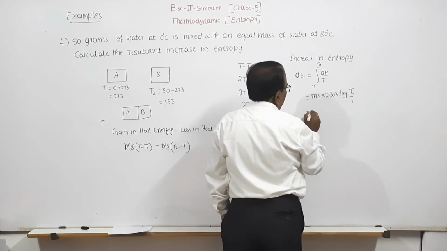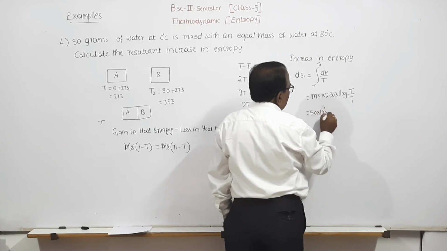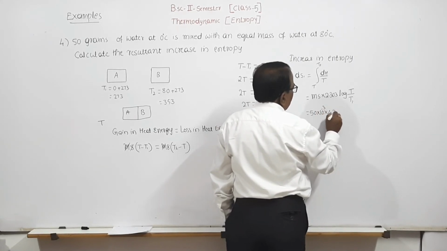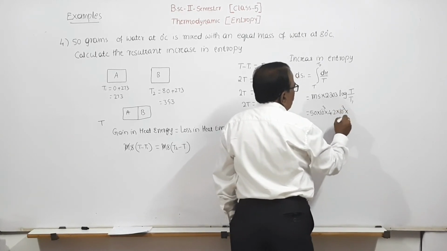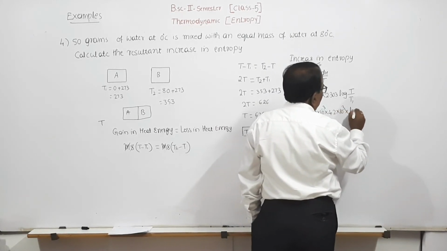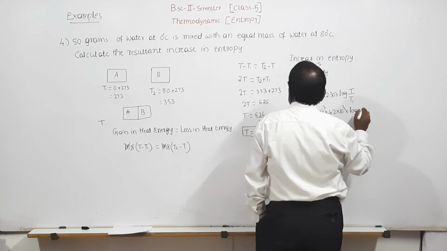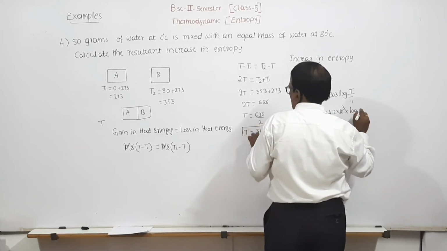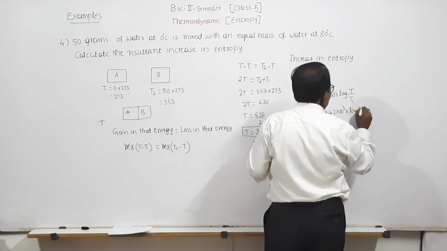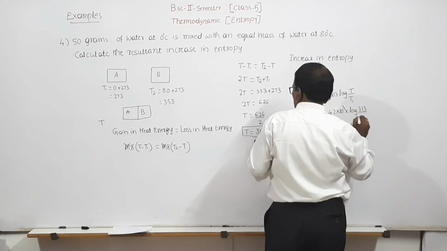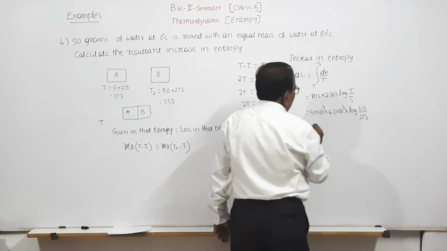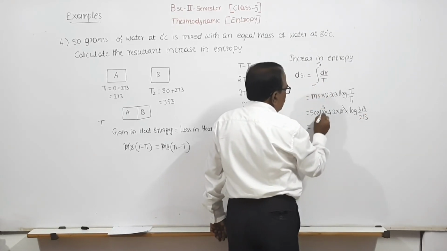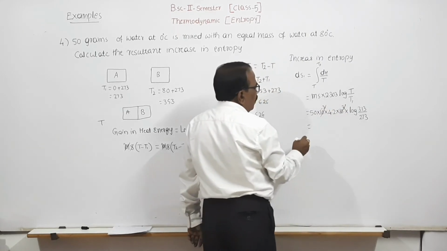This is m, which is 50 into 10 raised to minus 3 kg. You know the specific heat of water is 4.2 into 10 raised to 3, and this is log of T, which is 313, divided by 273. The 10 raised to minus 3 and plus 3 cancel.